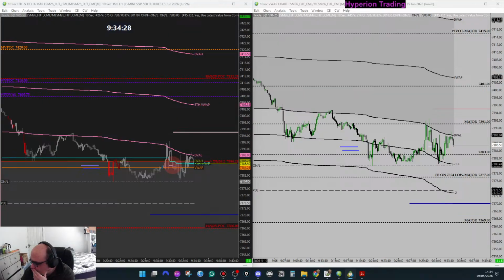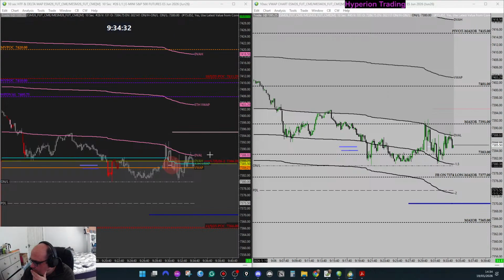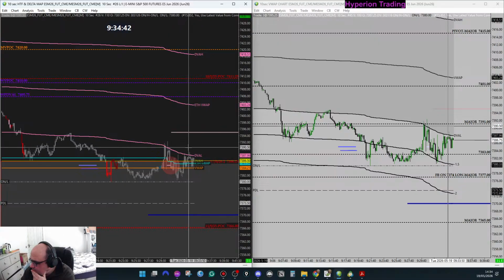Let's see. This is a scenario with a lot of inflections. You see how many levels we have here. So unless we break the DVA low and we break this kind of level here, I'm not going anywhere.